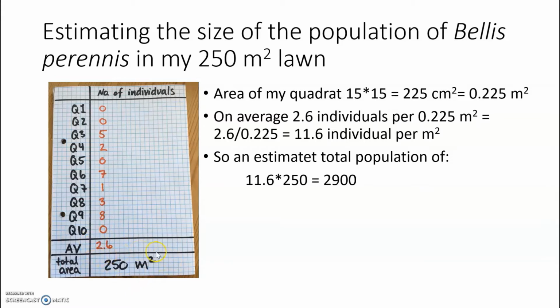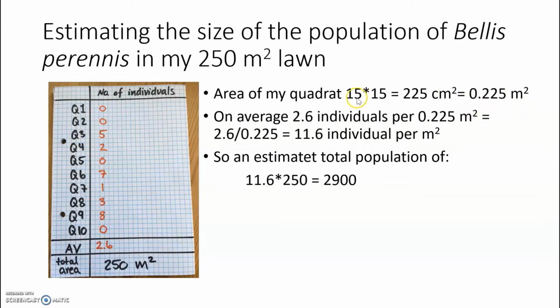Then I also need to make a rough estimate of the total area. Of course, had it been a more proper field investigation, we would have to measure and know the exact area of the site. But I've just made a rough estimate of the total area of my lawn. The third piece of information we need is the area inside the quadrat.